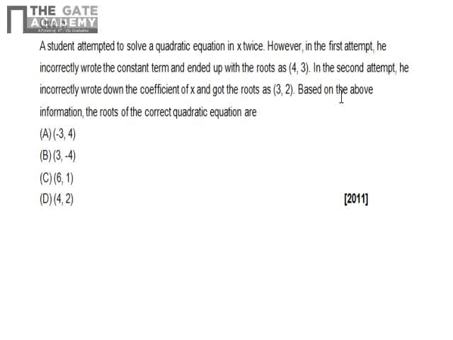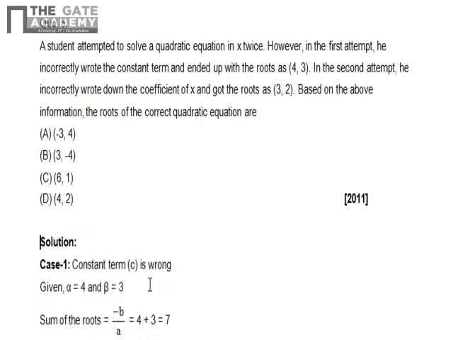So in the first attempt, if he has taken the constant term wrong, then the sum of the roots, that is alpha plus beta, which is equal to minus b by a, will be right anyhow, because the mistake is in the constant term. So case 1: the constant term c is wrong, then alpha is 4 and beta is 3.